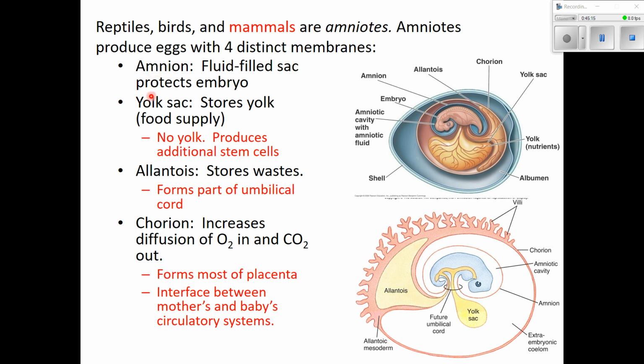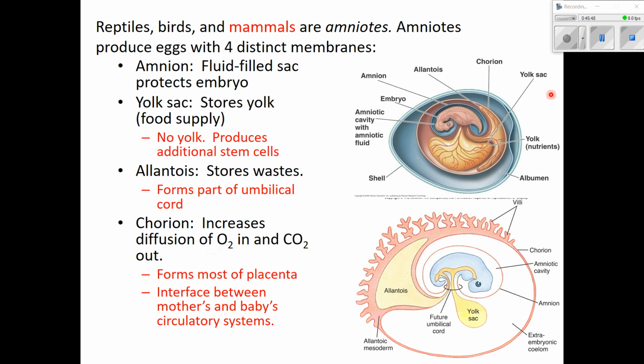The yolk sac stores the food supply inside the egg. That's where the yolk is found, of course. The allantois stores waste built up by the embryo. And the chorion regulates the diffusion of oxygen from the air to the embryo and carbon dioxide diffusing out of the egg as it builds up as a waste product.